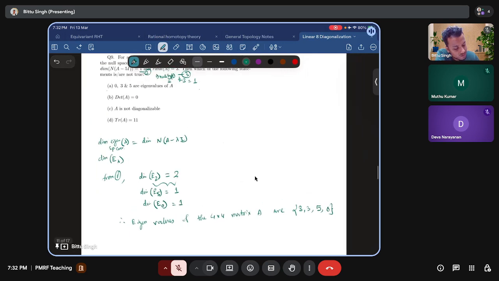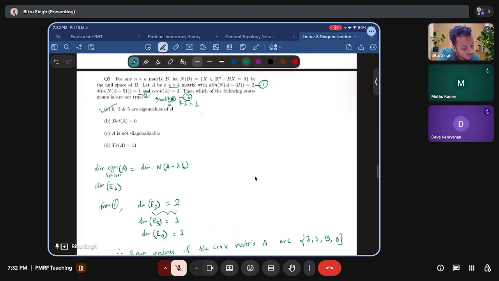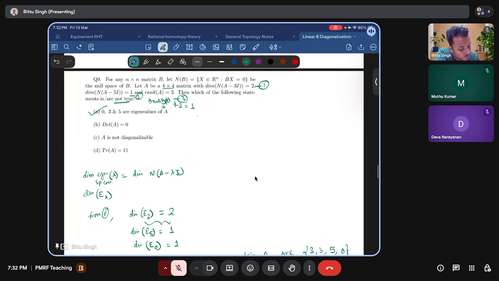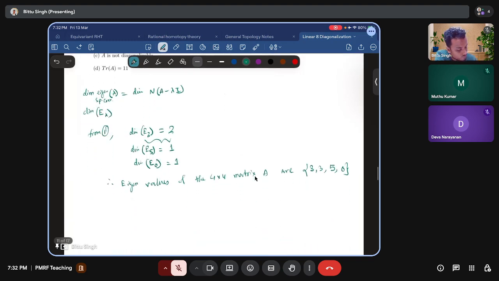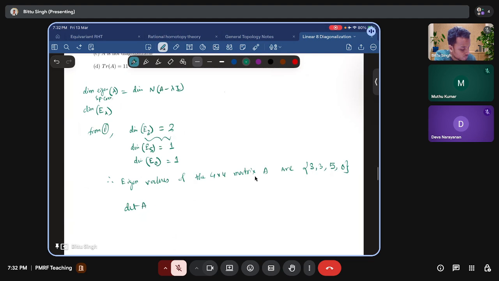So 0, 3, 5 are the eigenvalues. Oh, I need to find which are not true. So A is true actually. We don't need A. Now the determinant of A is the product of the eigenvalues, but 0 is already there, so the determinant will be 0, right?